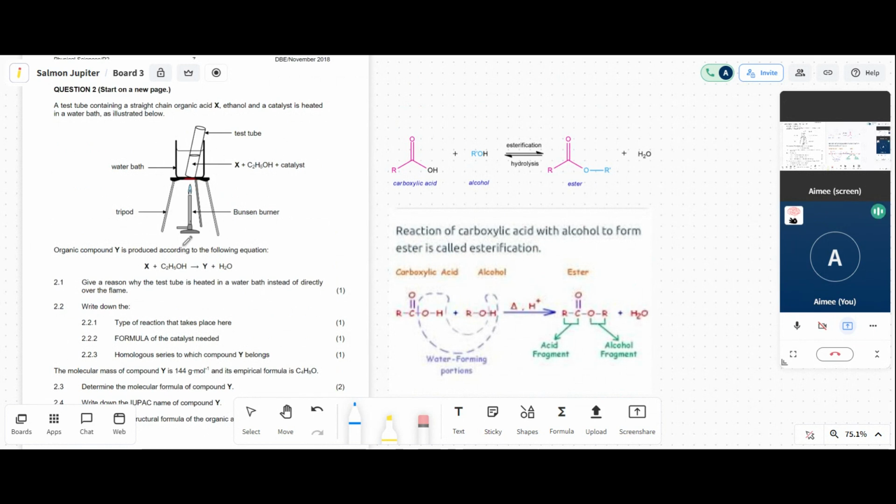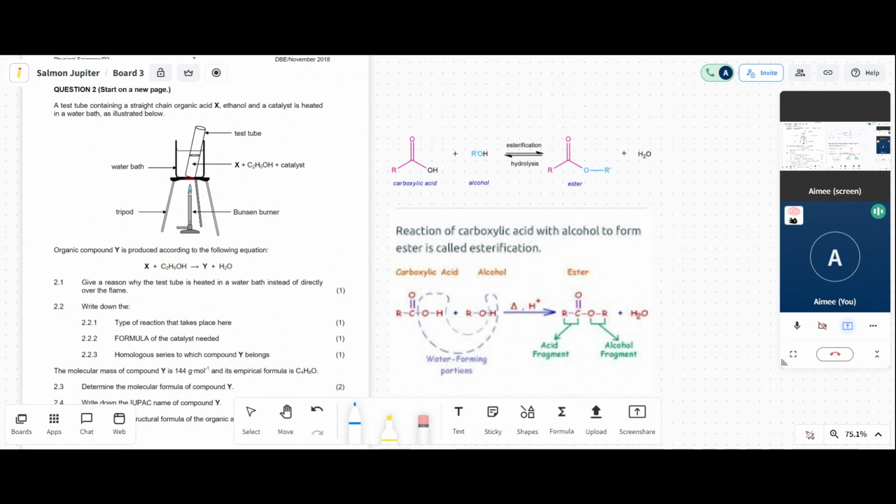You should have very detailed notes on the reactions that occur in organic chemistry. If you've studied those well, and you know what the reaction conditions are, and what catalysts need to be used where, then you will know that this is a condensation esterification reaction.